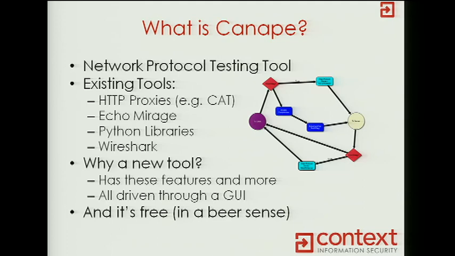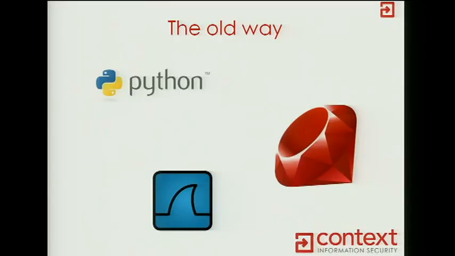So the reason I wrote Canape was I kept going on jobs on site somewhere, finding that I had some sort of bespoke binary protocol, fat client, client-to-server type protocol. And every single time I went there, I'd have to write some sort of application, because even if you're using a library to do your protocol analysis, you generally still have to write the socket server, or you may have particular criteria you need to meet.